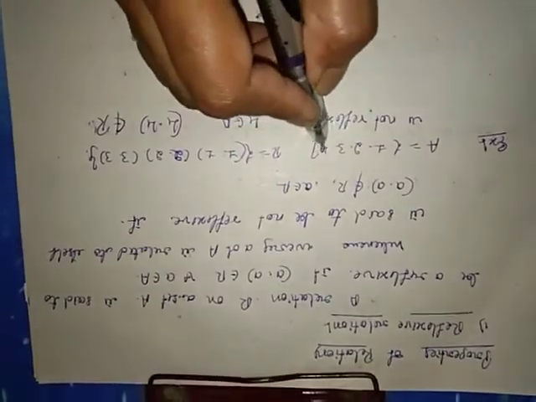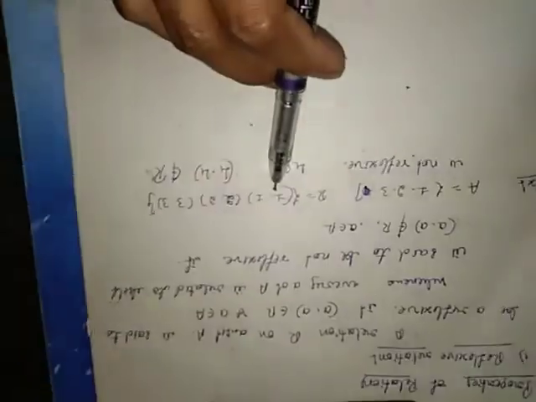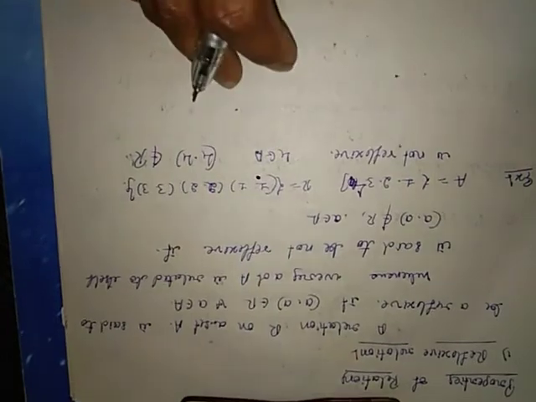Suppose set A is simply {1,2,3}, then we say that it is reflexive. But if 4 belongs, then it is not reflexive.